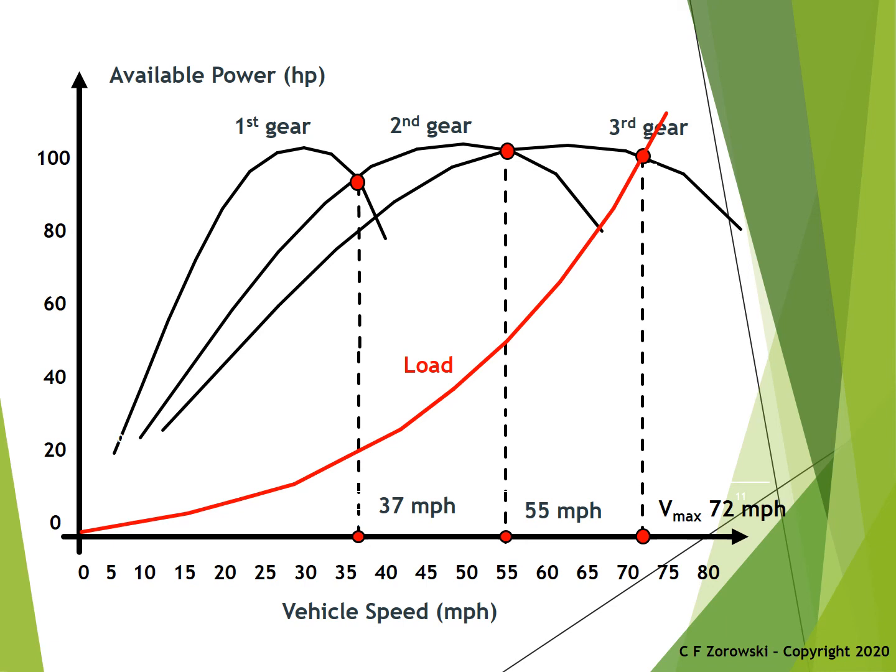The crossover of the load curve with the third gear power available curve occurs at a vehicle speed of 72 miles per hour, the same as previously obtained from the torque analysis. Hence, both approaches predict the same result.